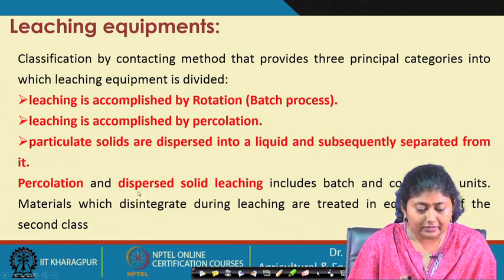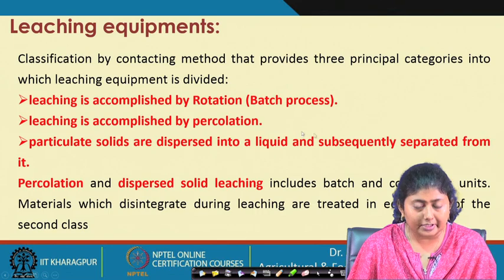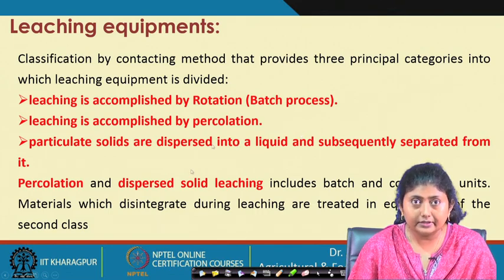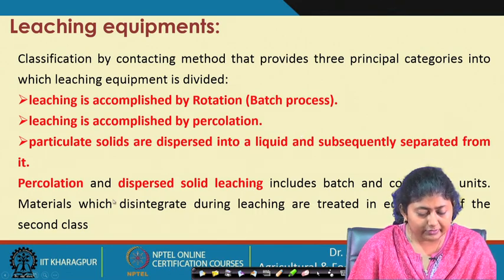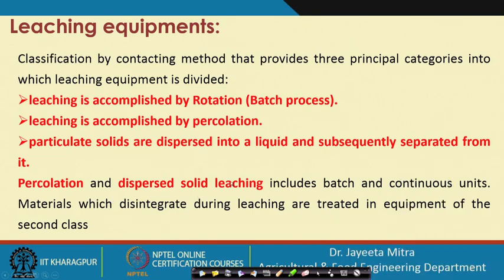So, that means either by rotation, which is a batch process, or by percolation and dispersion. Dispersed solid leaching includes batch and continuous units. So, both batch and continuous units can be used for either percolation leaching or dispersed solid leaching. Materials which disintegrate during leaching are not treated in percolation equipment, but in equipment of the second class.